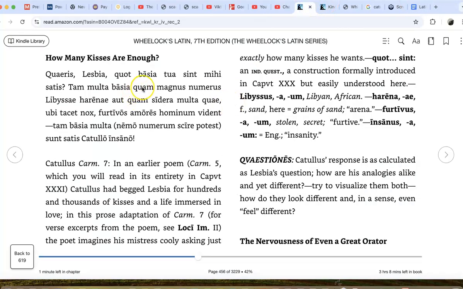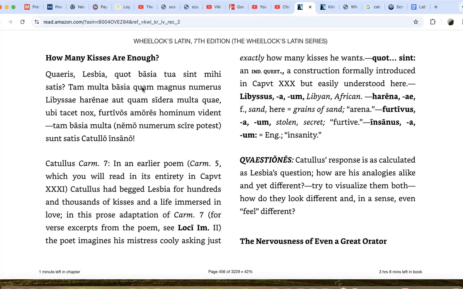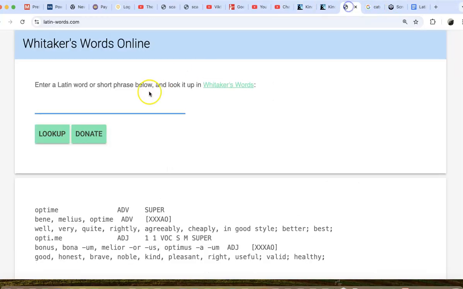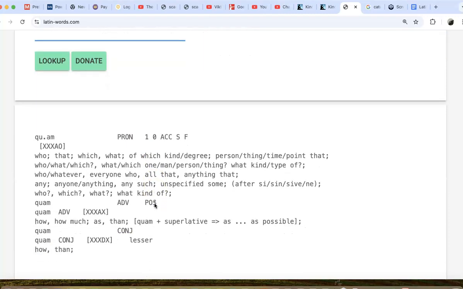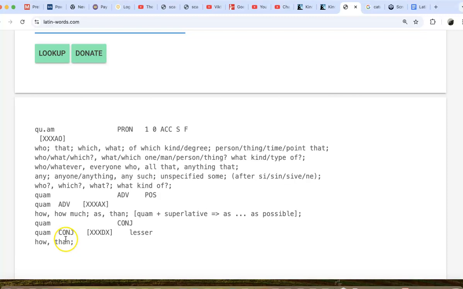So many kisses. Now quam can mean a lot of things in Latin, but probably in this case it's being used as a comparison, so we're going to go with as. But once again, just to put this in a broader context, you can see quam can be a little bit tricky, but I think we're making a comparison here, and so we're going to use as just based on the context.